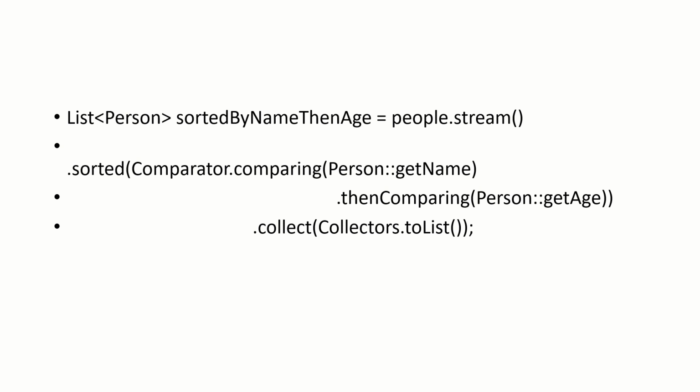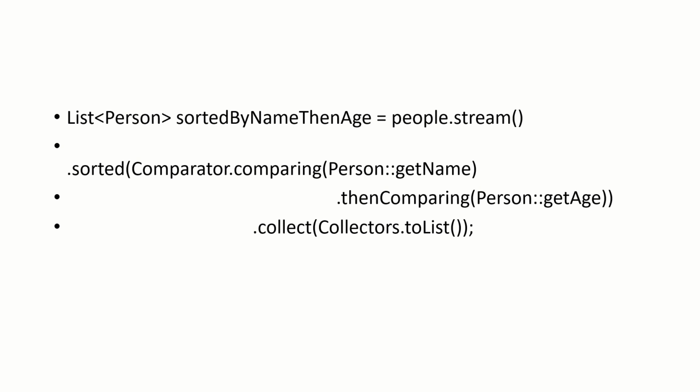Now you're converting that into the form of a stream, and then you are applying the sorted method. Inside the sorted method, you are passing the comparator, and you're comparing based upon the name. And then you have another method, thenComparing, which is a default, I think, or static method inside the Comparator interface, which was introduced in Java 8, which is again taking the age comparison criteria.